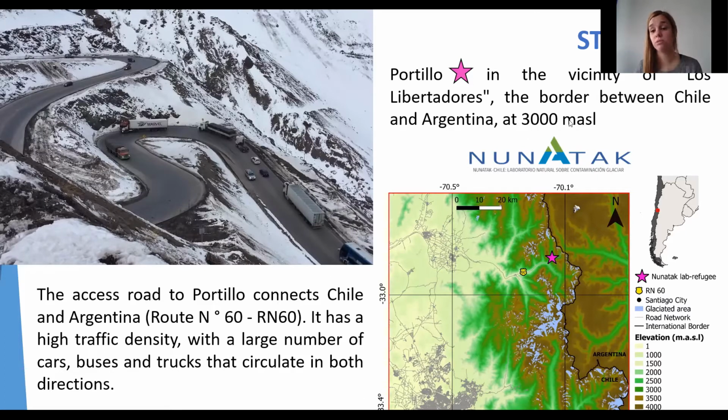This location has a characteristic feature: it is located on the access road that connects Chile and Argentina, which has a high traffic density with a large number of cars, buses, and especially trucks that circulate in both directions.